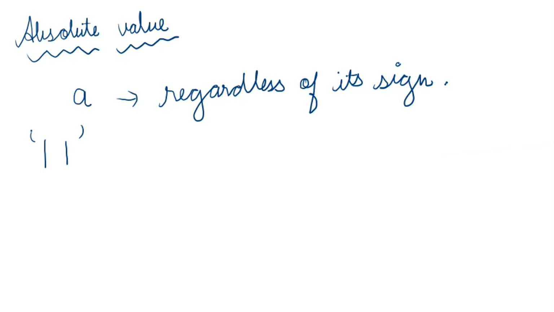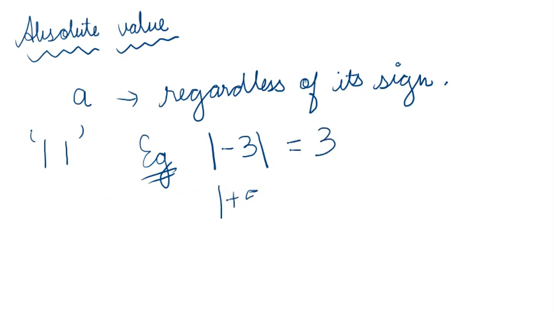For example, I have given absolute value of minus 3. So here I don't care whether it is positive or negative, so I will just write the numerical value alone. Even if it is going to be plus 5, modulus of plus 5, I will just write 5. Okay.